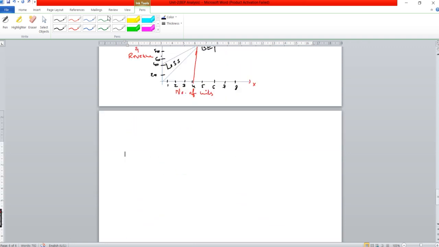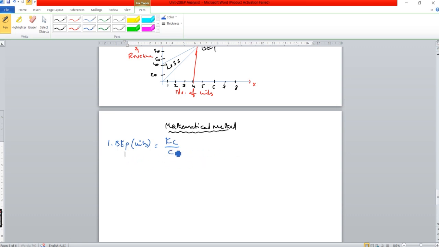In the mathematical model, we use various formulas to find out the break-even point. First we use the break-even point in terms of units. We use this formula: fixed cost divided by contribution in terms of units.